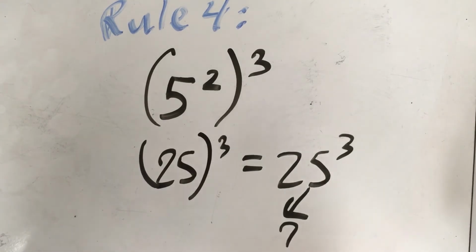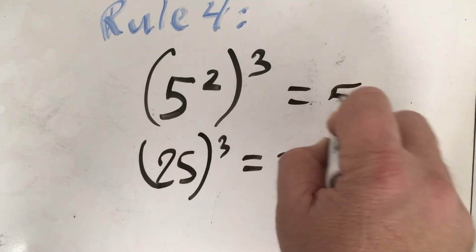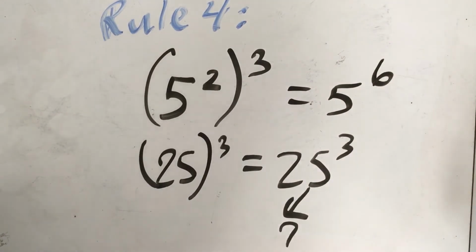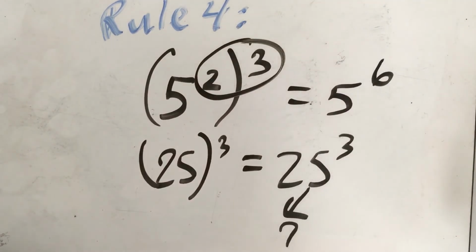But we can quickly at least go here. 5 to the 6th. Because all we're doing is taking the product of those two exponents.